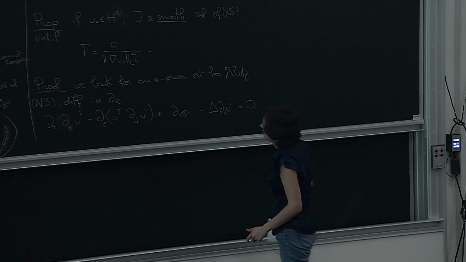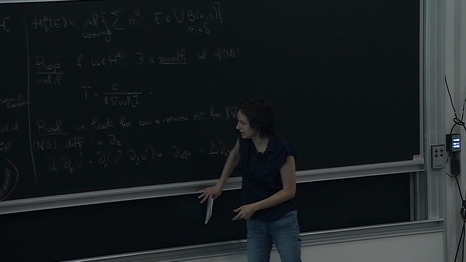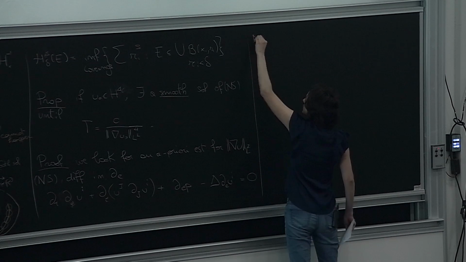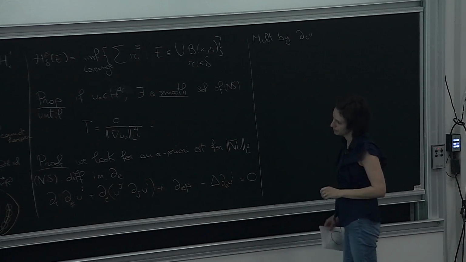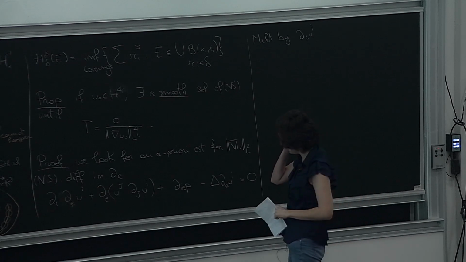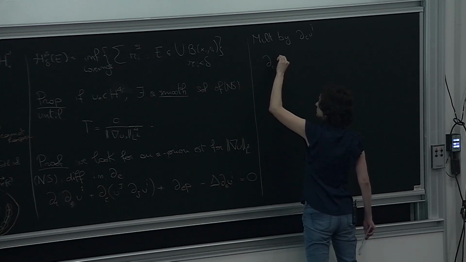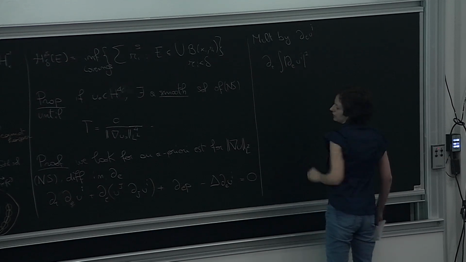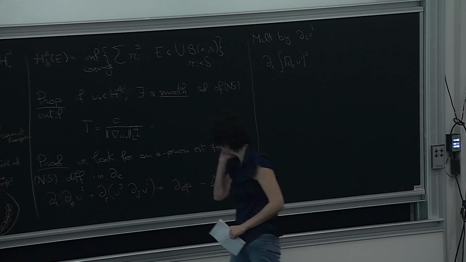And now I do the only thing we have done until now, energy estimates. So I multiply the equation by dE ui, scalar, and I get dt, and then I get dE ui squared from this term. When I multiply by this, it is the derivative of the square.